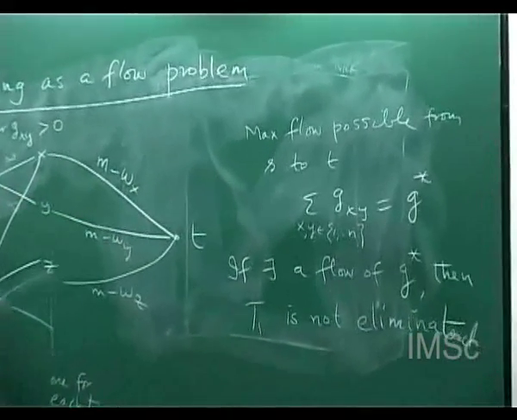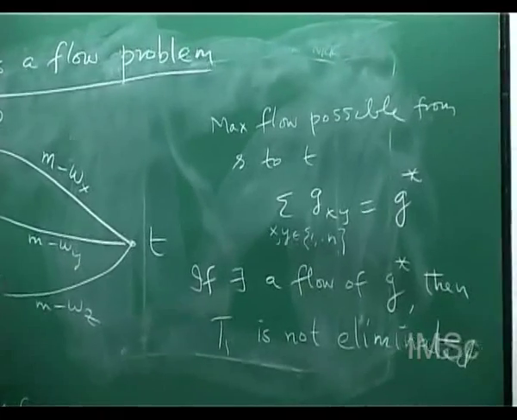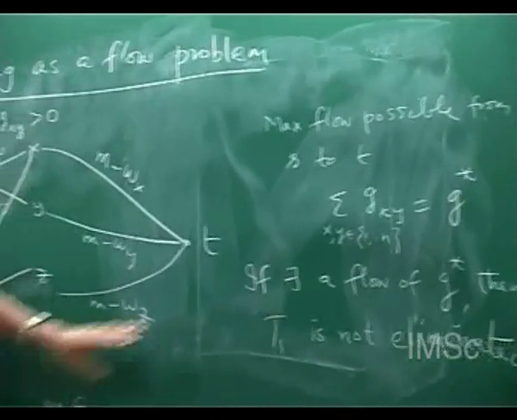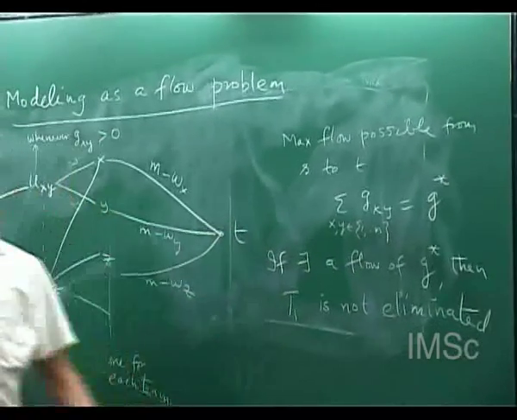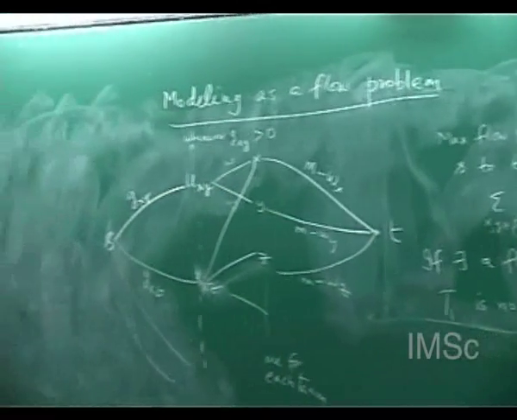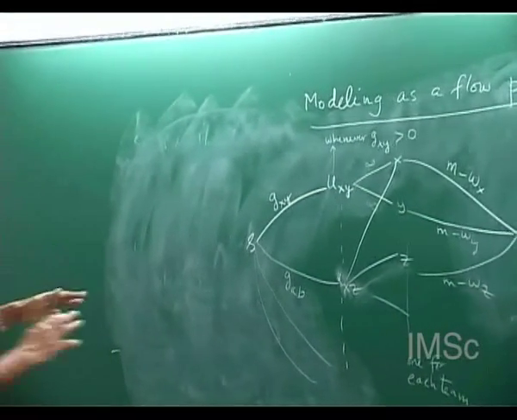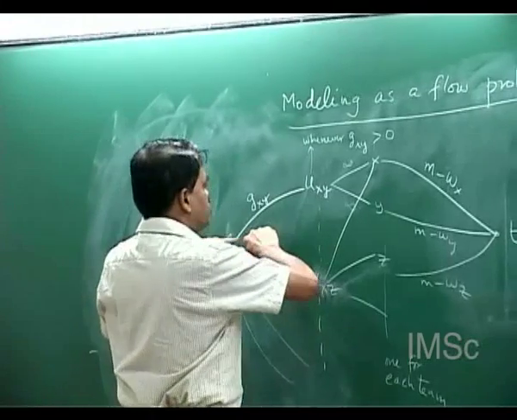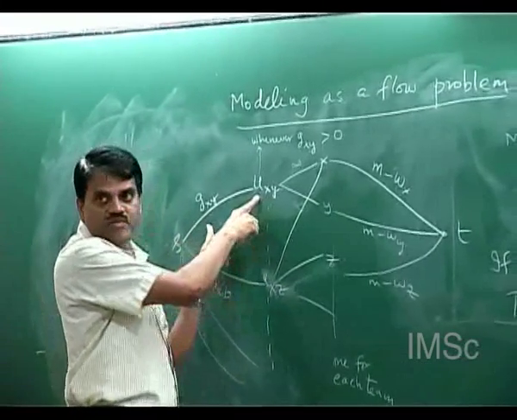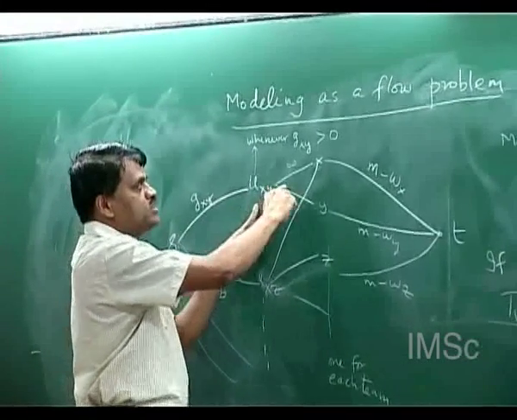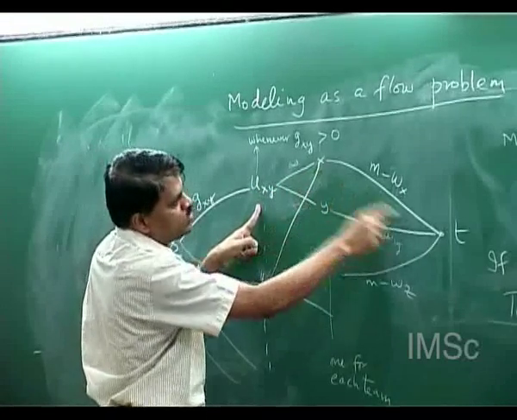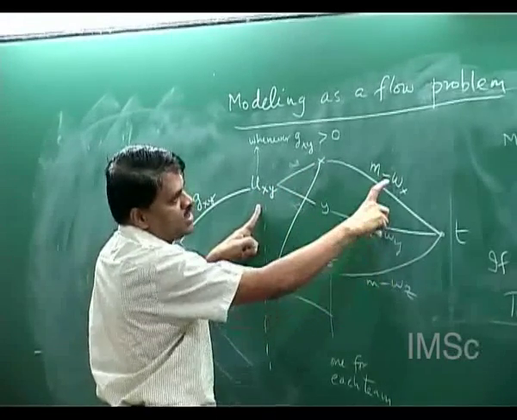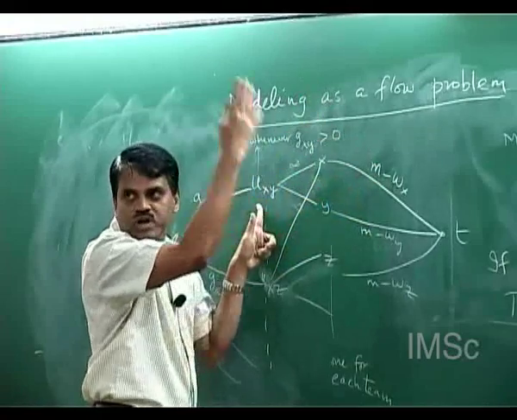Is this clear? Because what this is saying is, g star is the total number of games left, right. I can come up with an outcome of the games left in such a way that a g_xy flow will go out of it. That's the number of games to be played between x and y. Some of the games are won by x, some by y, and the maximum won by x, maximum won by y is m in total, including whatever they have won so far.